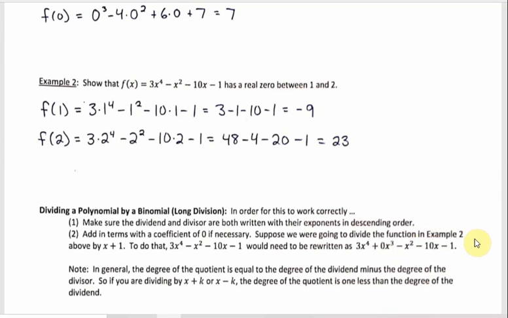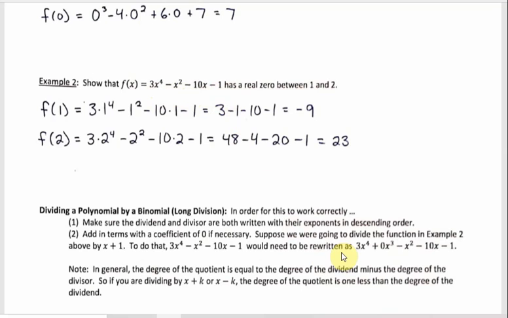The other thing is if you have terms with a 0 coefficient, like ones that are missing, you've got to include those. Like that function in example 2 up here doesn't have an x cubed term, right? It's got an x to the fourth, an x squared, an x, and then a constant.